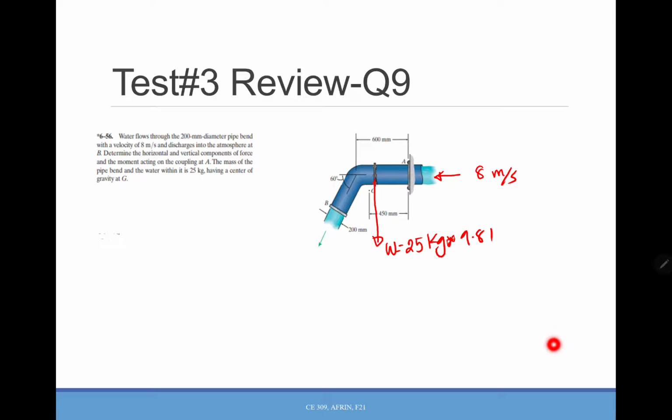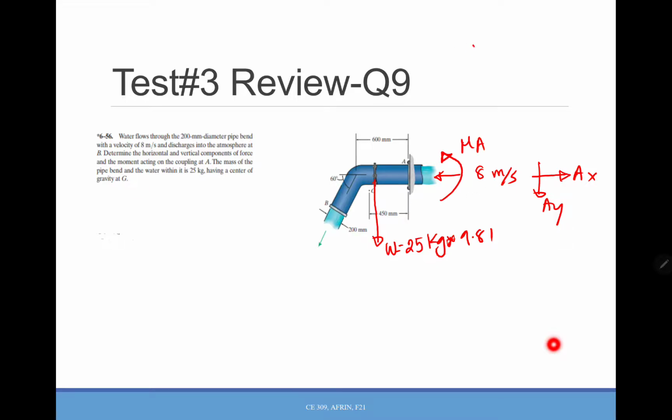Okay, so they're saying at point A, you need to find all the reactions and the moment. So what you can do, you can say this one is AX, you can say this one is AY, and since water is coming through this way, this whole thing will try to create a moment in this direction.